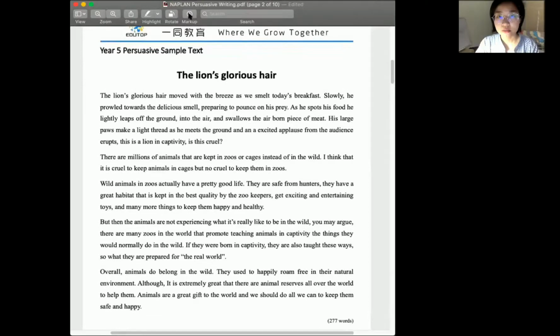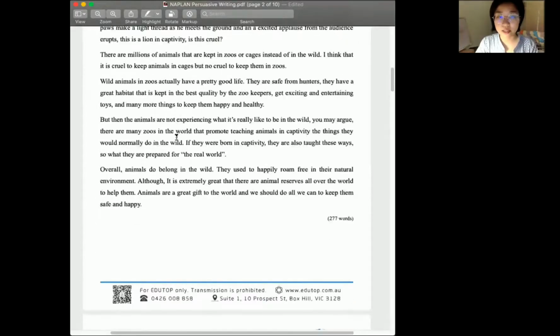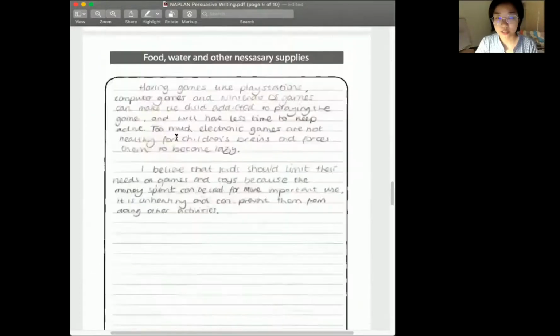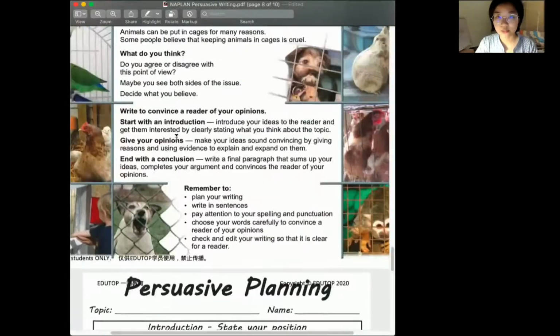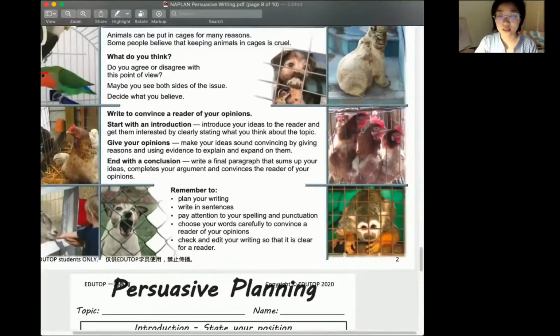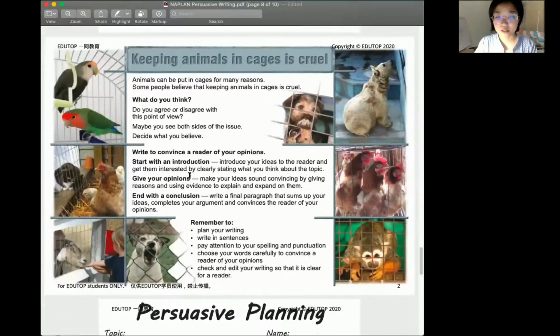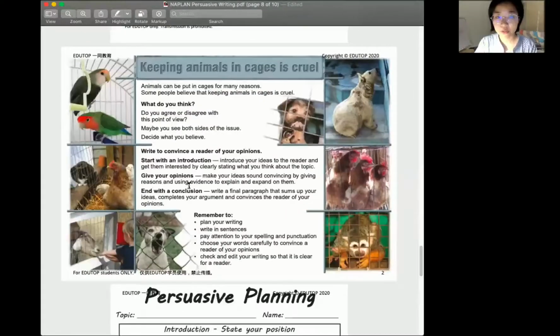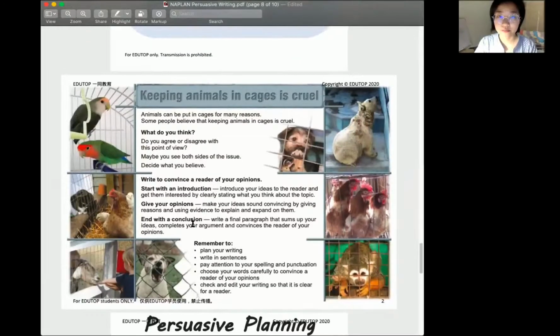You can also think about how you would write this if you are the person who is going to write it. Actually, this question is at the very end of our learning material. It's also the homework we ask you to practice. So the topic is keeping animals in cages is cruel. Do you think it's cruel or not cruel?